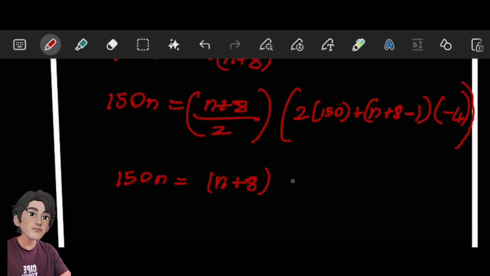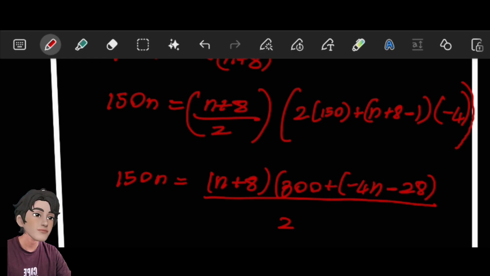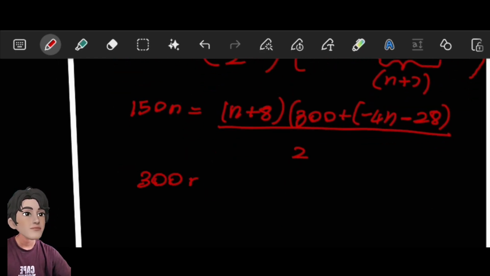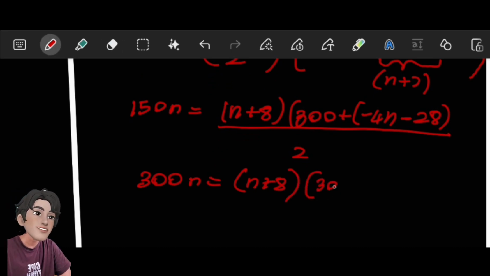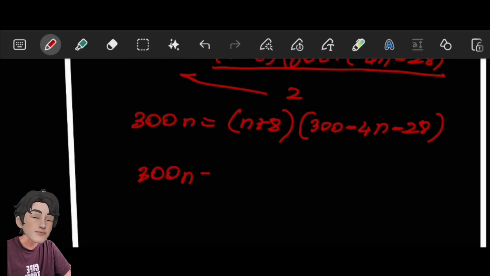Now we need to simplify this equation. At the end of this, we are arriving at a quadratic equation. After simplifying that quadratic equation, we would be getting the answer. So let's try to simplify this quickly.